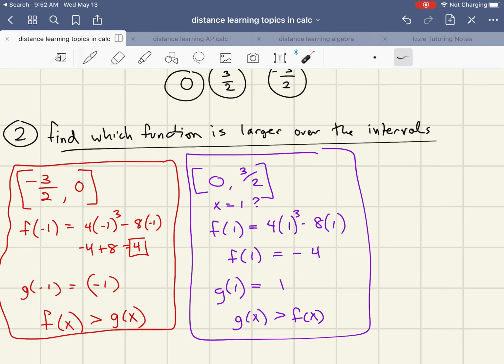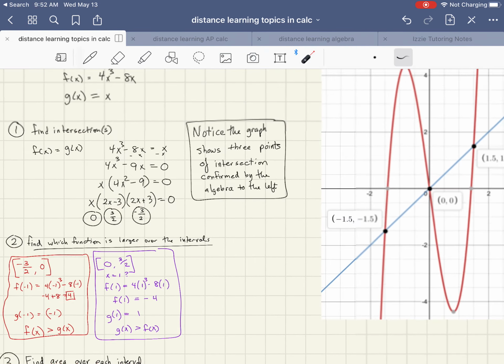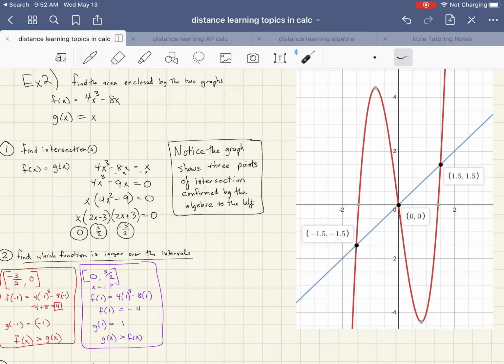Let's confirm that with the graph. So the red is f, and the blue is g. Notice the intersection points, negative 1.5 for x, positive 1.5 for x, and 0. f is larger on the first interval. g is larger on the second interval. Now for this problem, I've used option 2.